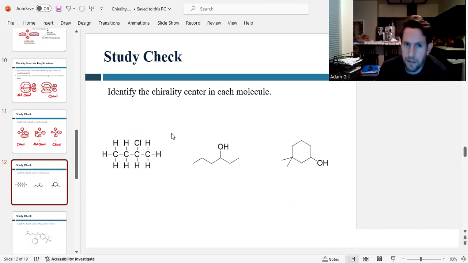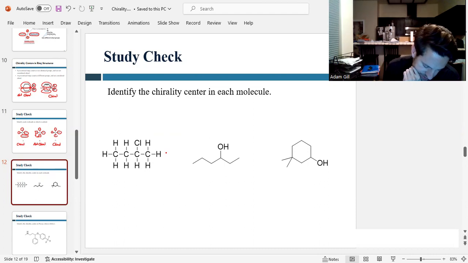And let's see if we can identify the chirality center in each of these molecules. So this one here on the left, probably going to be the easiest because it's drawn in an expanded form. So we're looking for a carbon that has 4 different groups. And I'm going to suggest that this one here is going to be my chiral center.